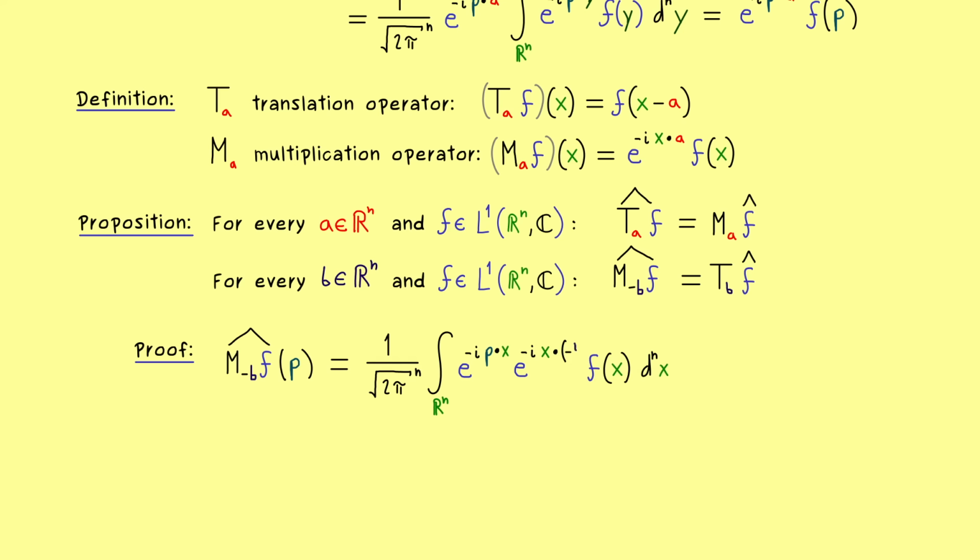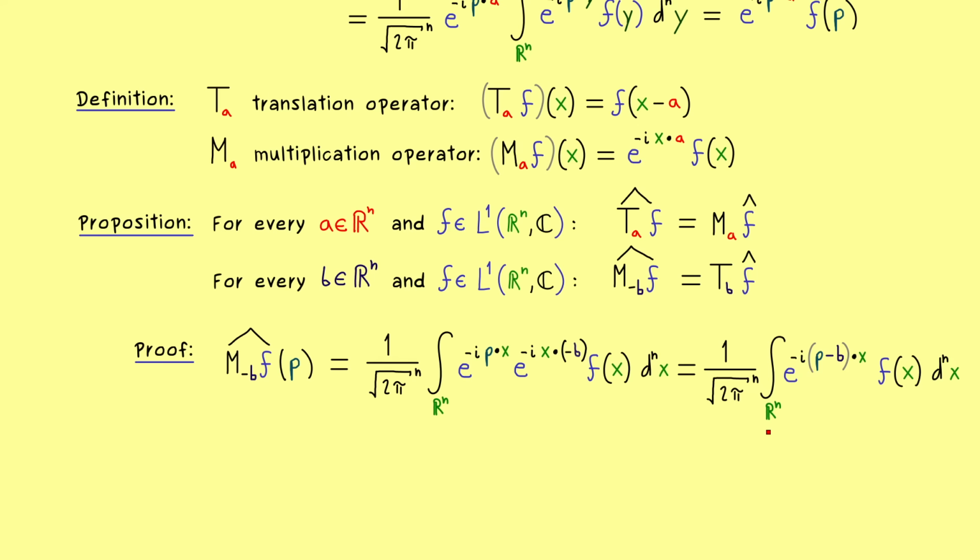And then we just put the function in where we have minus b in the exponential factor in the front. And this immediately tells us that we can combine this with the other exponential function. So then we only have one exponential function, and there we find p minus b in the exponent. And this one is still in the inner product with x, and the rest does not change at all.